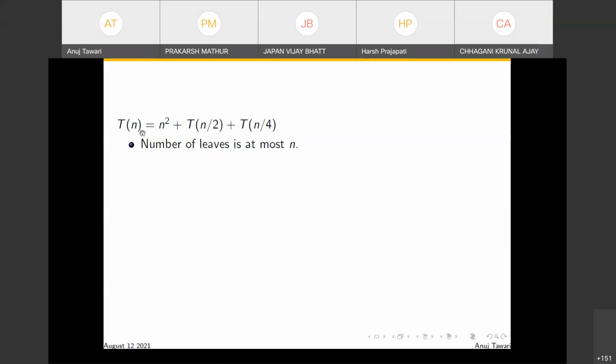In this, T(n/2) will have at most n/2 leaves, and T(n/4) will have at most n/4 leaves. So n/2 plus n/4, that is 3n/4, which is at most n. By induction, you can show that the number of leaves is at most n.